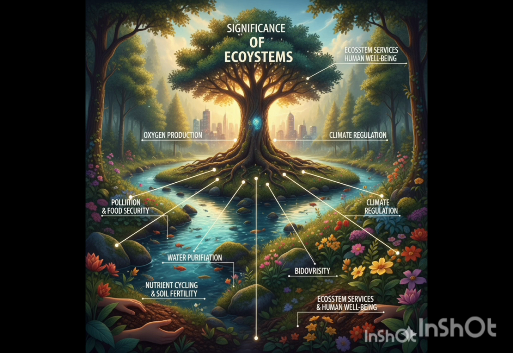Now I come to the next point of this chapter, that is significance of ecosystem. In the ecosystem there are different producers that help in oxygen production, and it can control climate regulation. Ecosystem services help humans remain in well-being. It can control biodiversity, water purification, nutrient recycling, and it can maintain soil fertility, and it helps in pollination and food security.